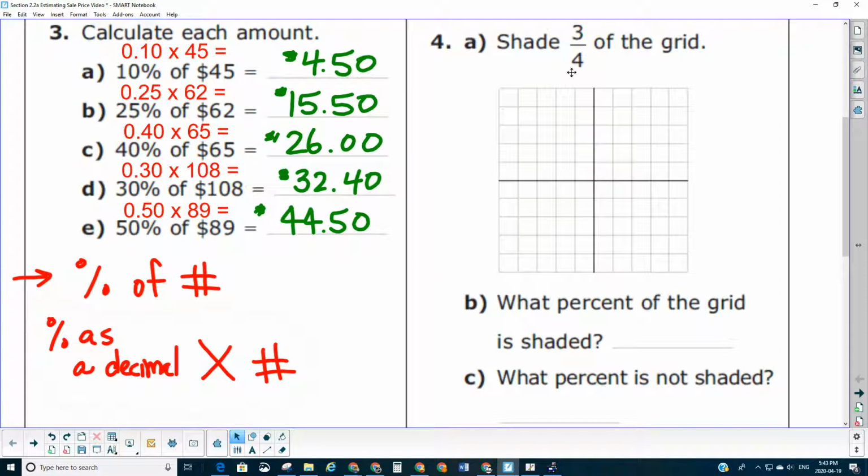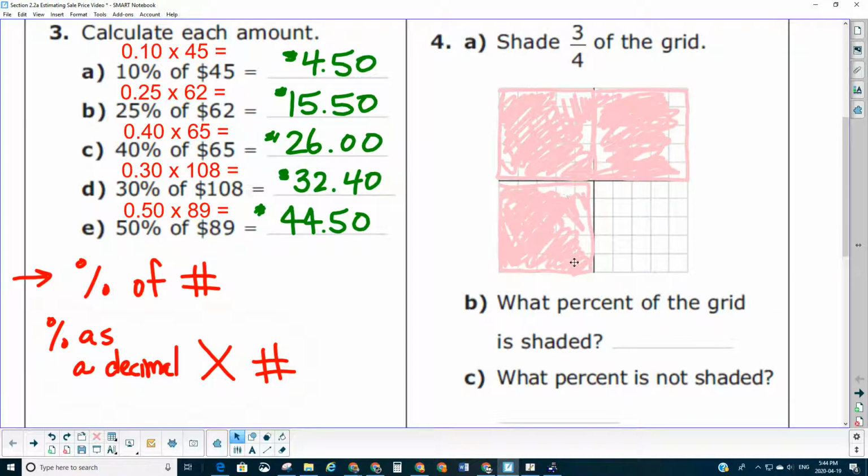All right, let's move on to number 4. Shade in 3/4 of this grid. So the way I see it, I see a quarter, a quarter, a quarter. So I've got this first quarter here. That's 1/4 of the thing shaded in. There's a second quarter, and I could shade in this third quarter, and I've got 3/4 of this shaded in. What percentage of that is it?